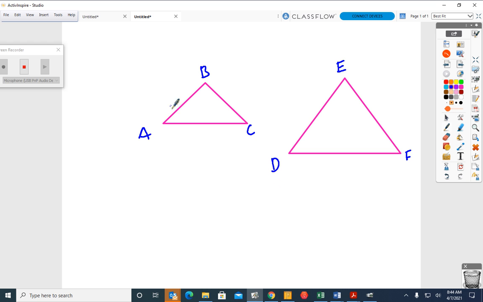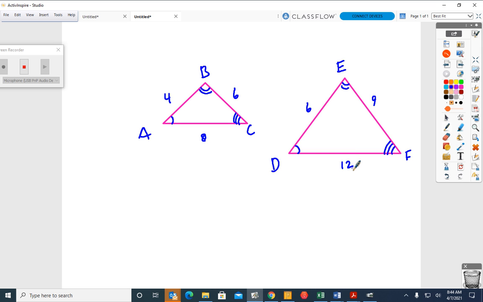Let's say that on the first one, I've got one mark here, 2 marks here, and 3 marks here. And in this one, I've got 1 mark here, 2 marks here, and 3 marks here. And let's say this one has sides 4, 6, 8, and this one has 6, 9, 12.